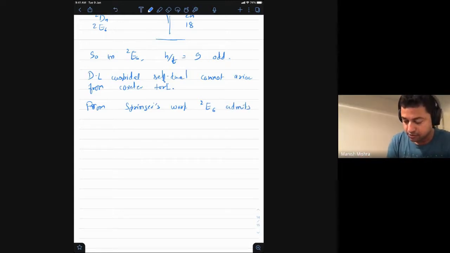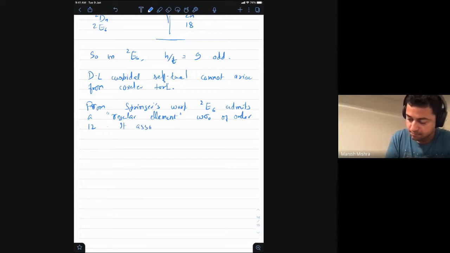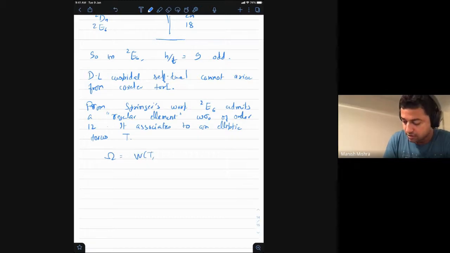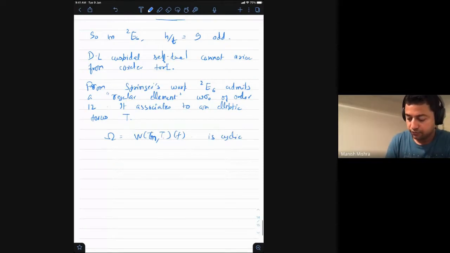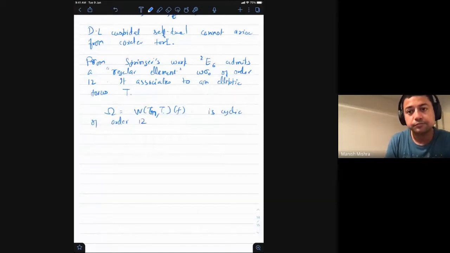So this admits a regular element w sigma naught of order 12, and it associates to an elliptic torus T, and the Weyl group is cyclic of order 12, by Birkhoff-Vandiver result.